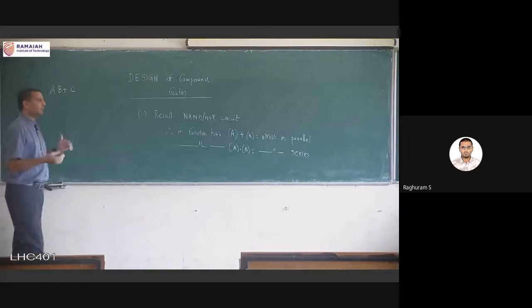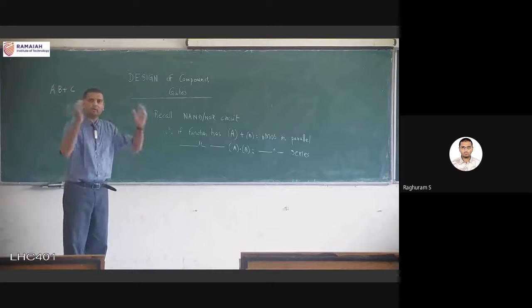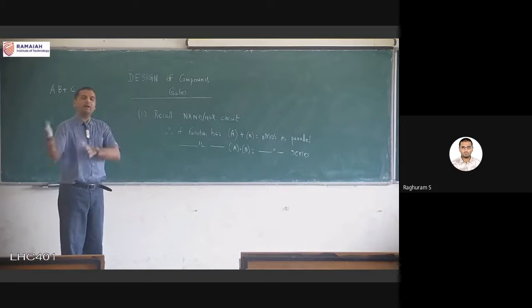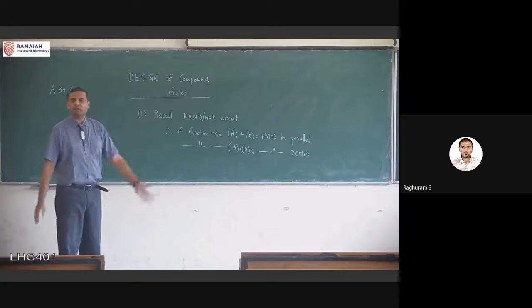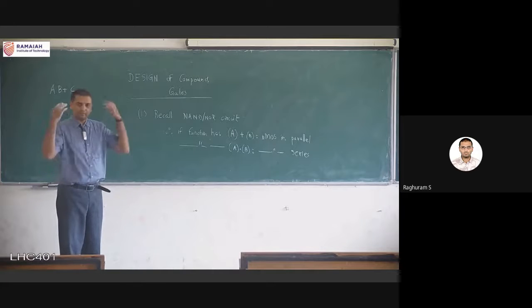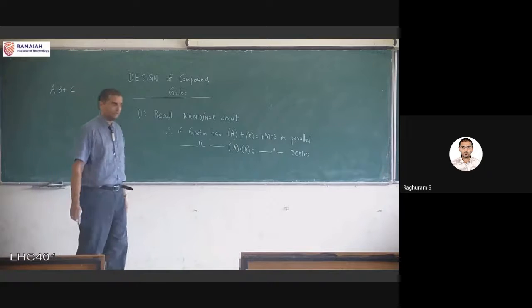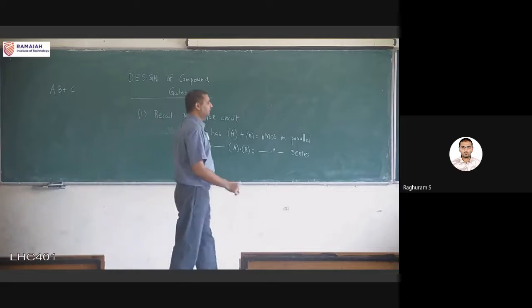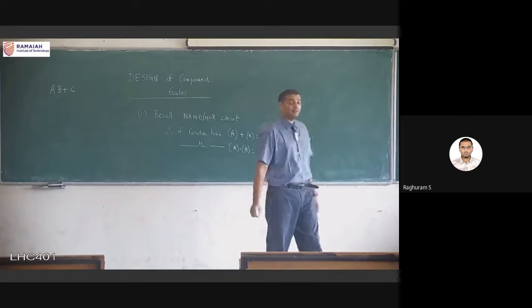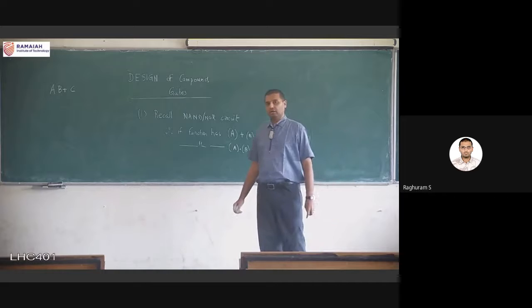But for any particular function, I cannot keep drawing arbitrary gates, calculating the truth table, finding out what is the function, and then finally I'll take forever for even simple functions. So the way to do it is, remember the structure of NAND and NOR.